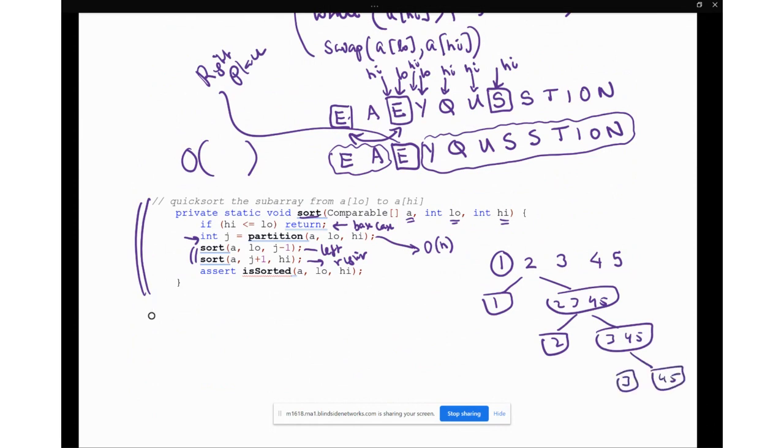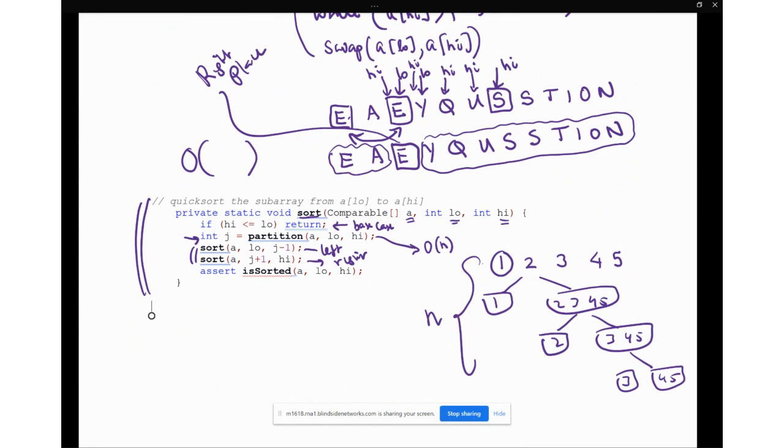So if you're unlucky, if your pivot is not good, if your pivot is biased, like min or max, it could give you a tree height of n, not log n, because for each one you just split off 1.